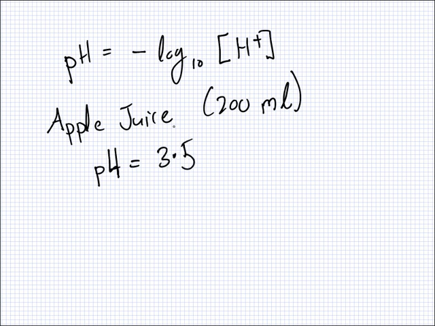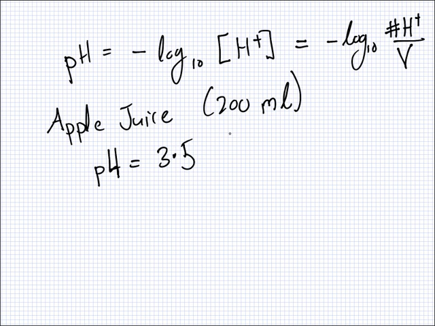My question would be to work out how many moles of H plus we have. Concentration is the number of H plus divided by the volume. Usually it's per litre, but in this case we have 200 mils.